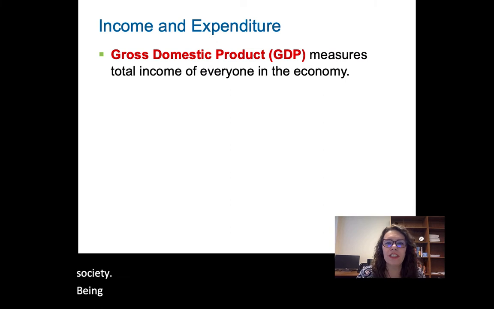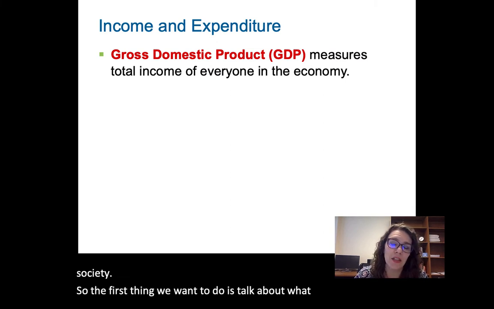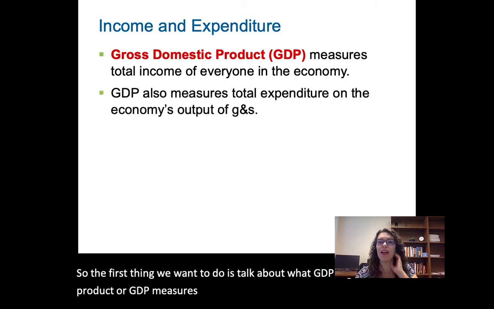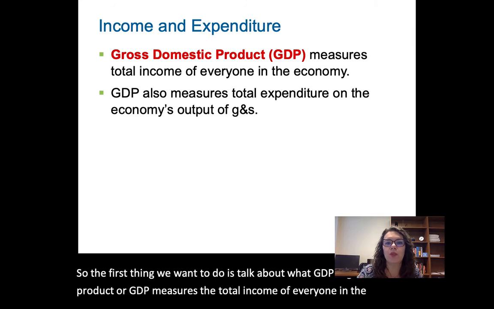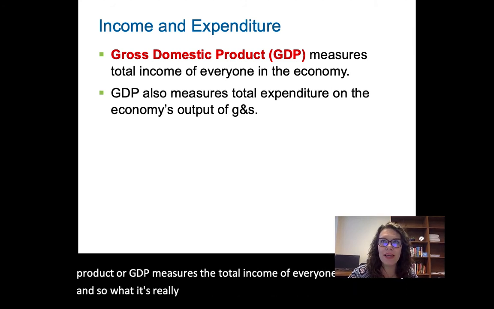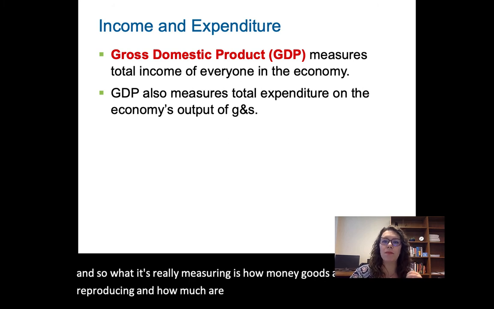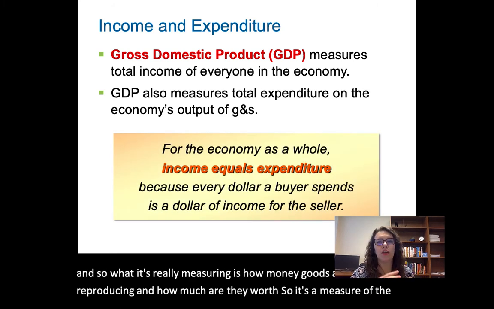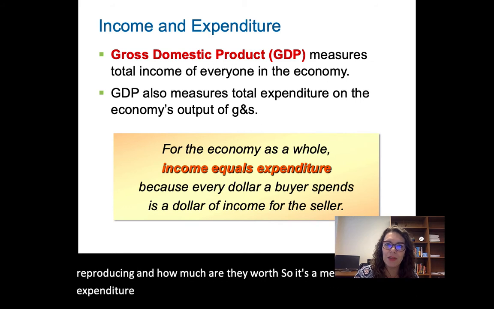So the first thing we want to do is talk about what GDP is. Gross domestic product, or GDP, measures the total income of everyone in the country. And so what it's really measuring is how many goods and services we are producing and how much they are worth. So it's a measure of the total expenditure on an economy's output.